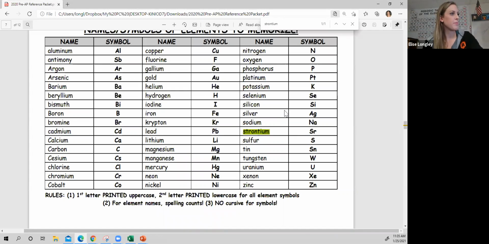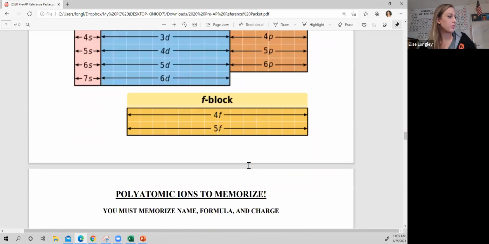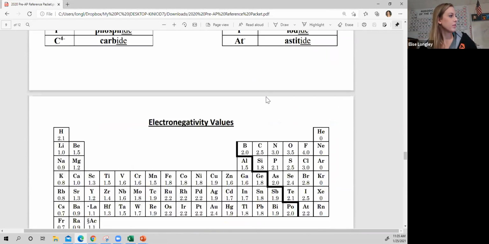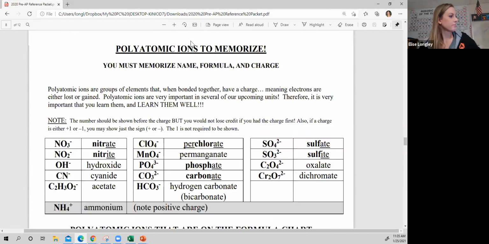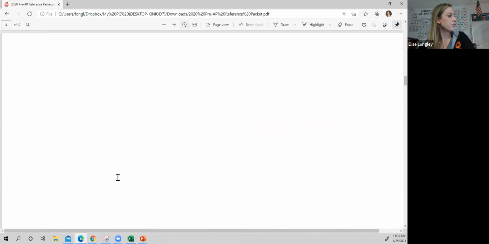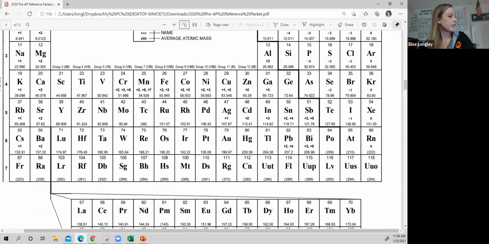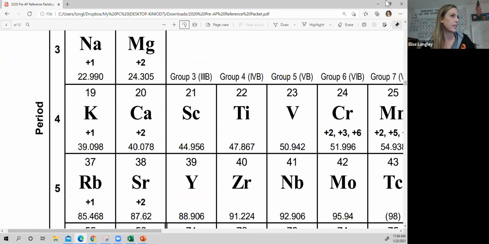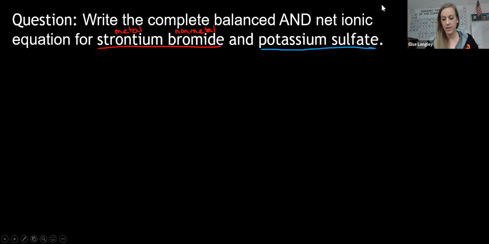So if I were just to type in strontium, you see how I have strontium, and I know that's Sr. That will help me on the oxidation chart, that if you don't know the charge for something, you can use this. So you said it was 2+ accurately. If you did not know it was 2+, you could have gone here to see that it is in group 2 and therefore 2+ right here. Awesome. Yes, that's what I was asking.